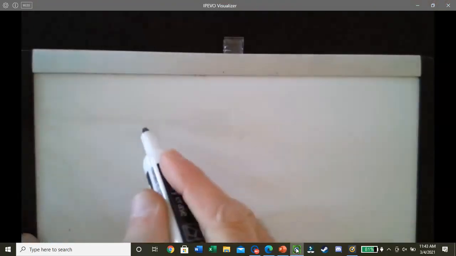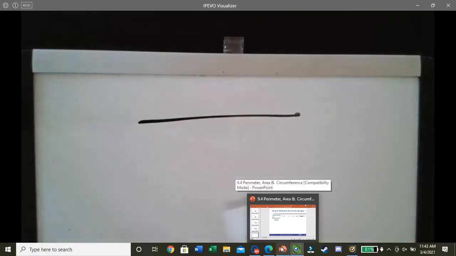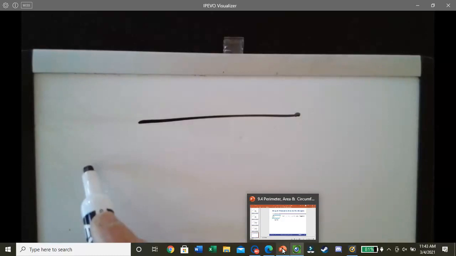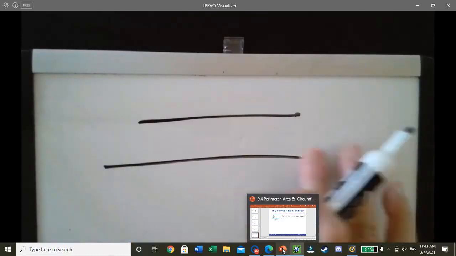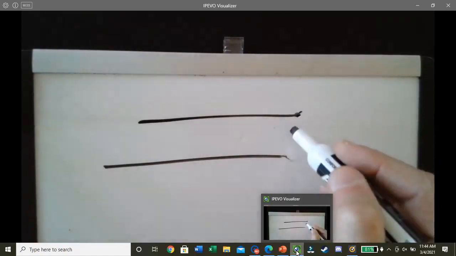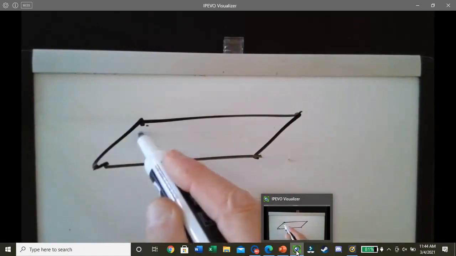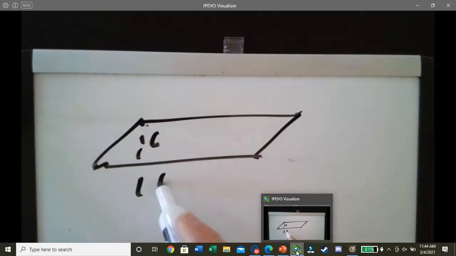To draw it, just offset it, and it goes this way. So here's our parallelogram, and this is 6, and this is 15.